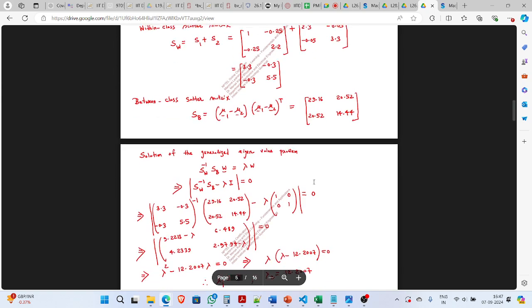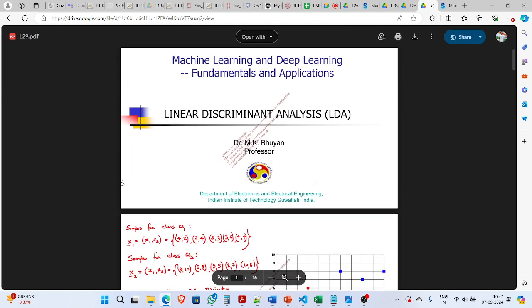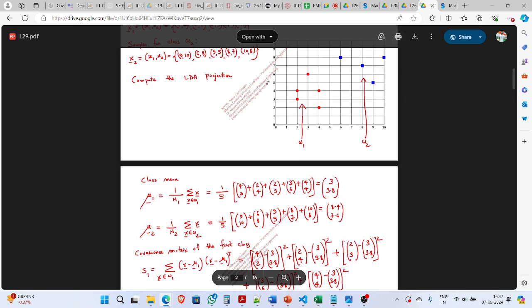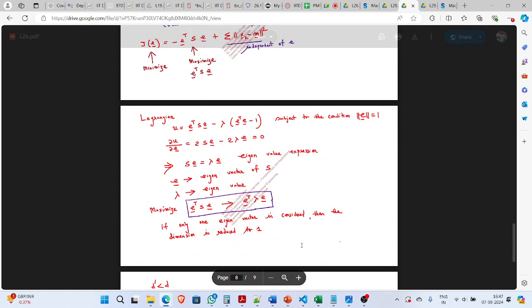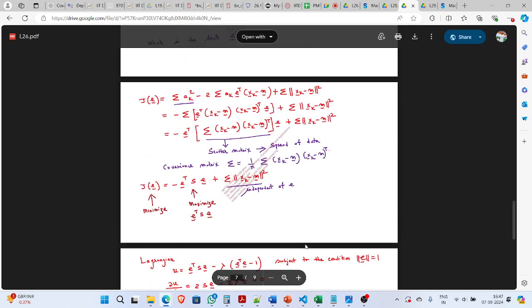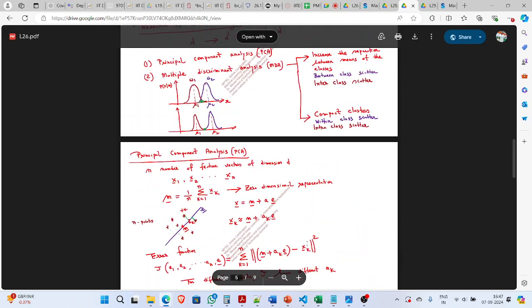Maybe they are asking for SB cap one. I think that should be the one after transformation. There is a lot to that. Then for SB cap, the transformation is with respect to W here.